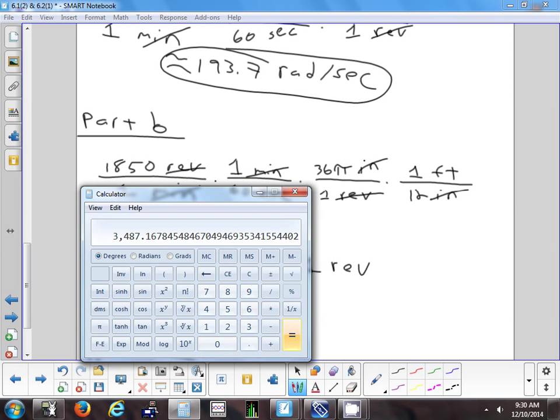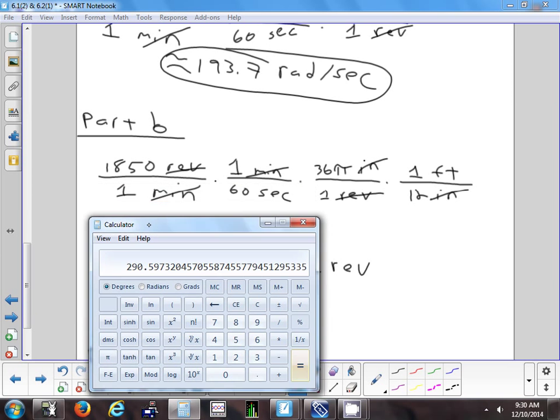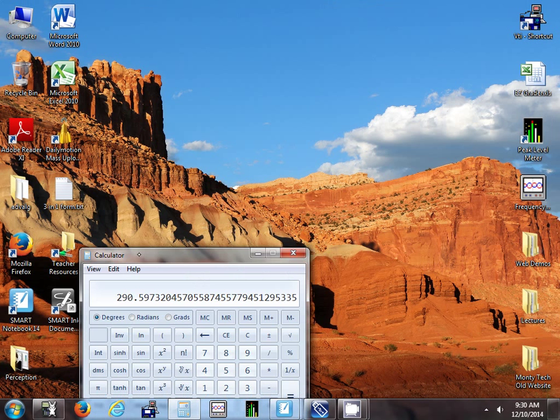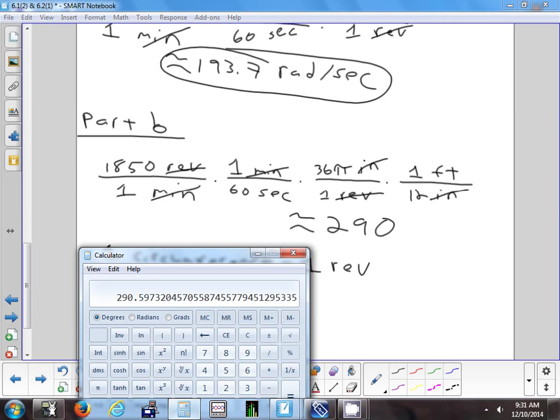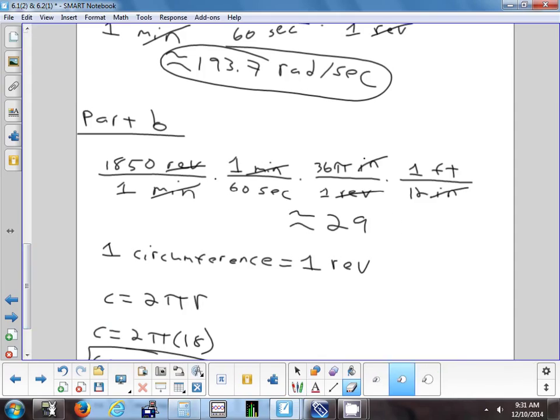If you want to do it all together, you can do it all together. I don't have an easy way on this calculator. So that's 290 feet per second. So about, actually, I guess 291.